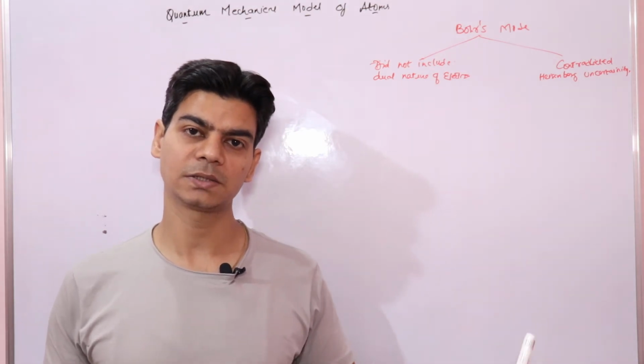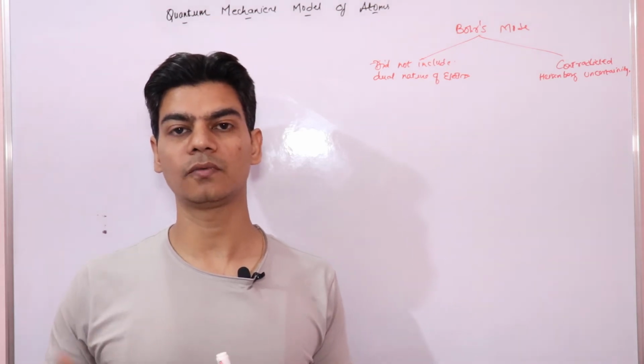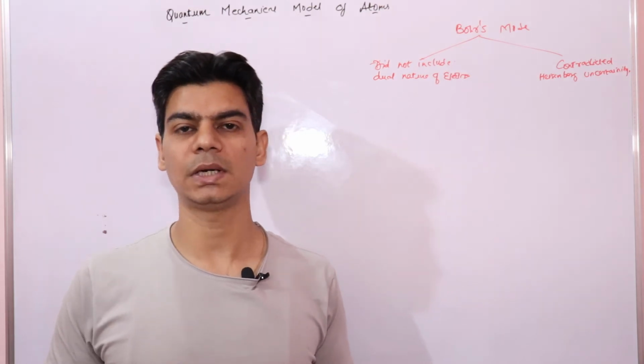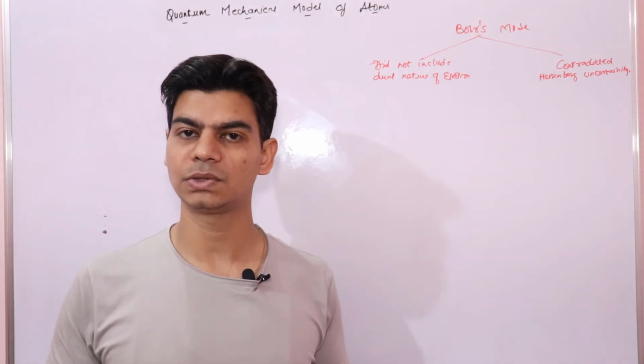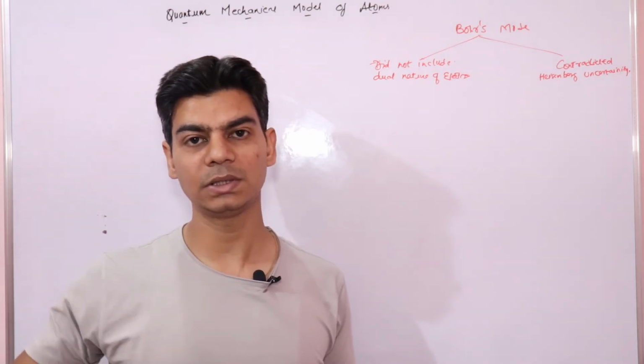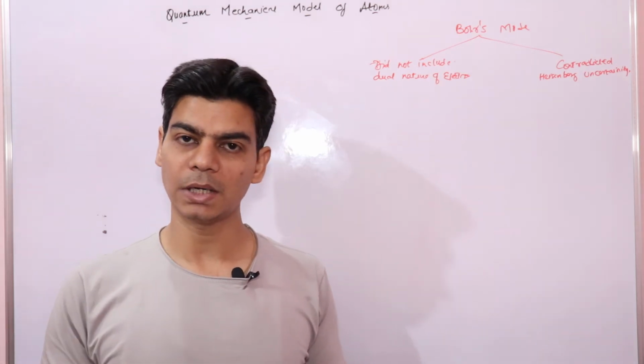Like classical mechanics, where Newton's laws of motion tell us about the motion of macroscopic particles, in quantum mechanics we study the laws of motion that apply to microscopic particles. Why do we have a different science for microscopic particles?